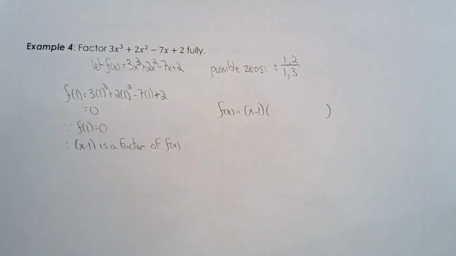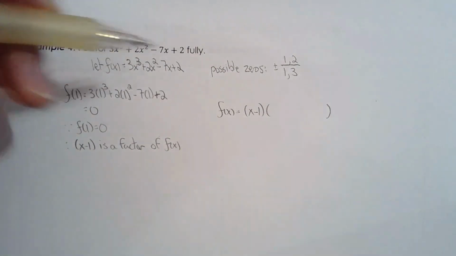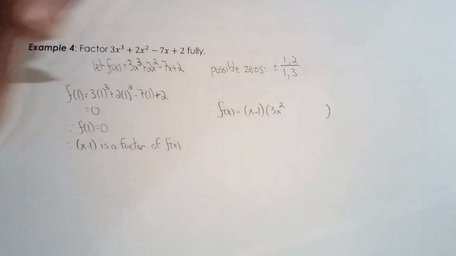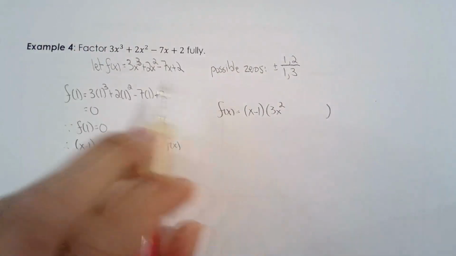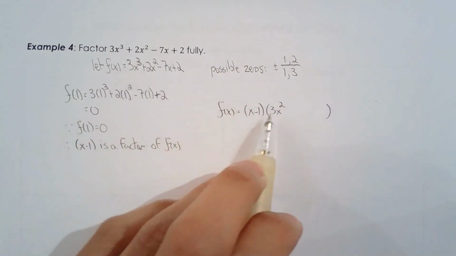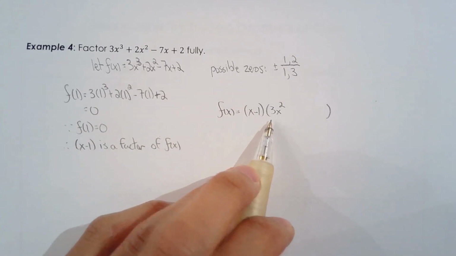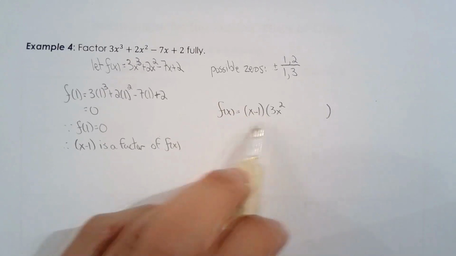If I fill in those 3, then I'm done. So the first term must be 3x squared. Whoa, that was magic. How did I get 3x squared? Because I'm looking at what f of x is. I need to get to 3x cubed. So this has to be 3x squared. What else is it going to be? It's an identity. It has to work out.